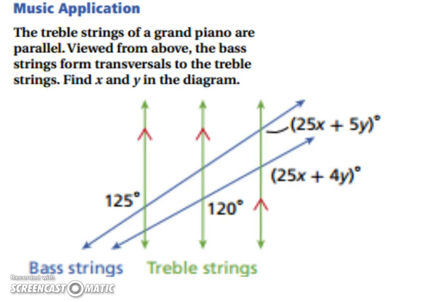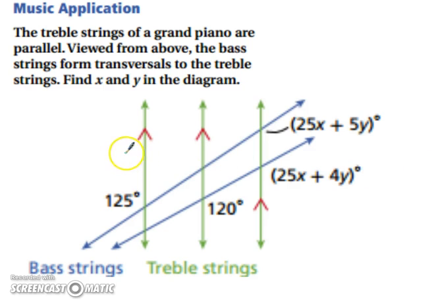Let's look at our music application. The treble strings of a piano are parallel. Viewed from above, the bass strings form transversals to the treble strings. So find x and y in the diagram.